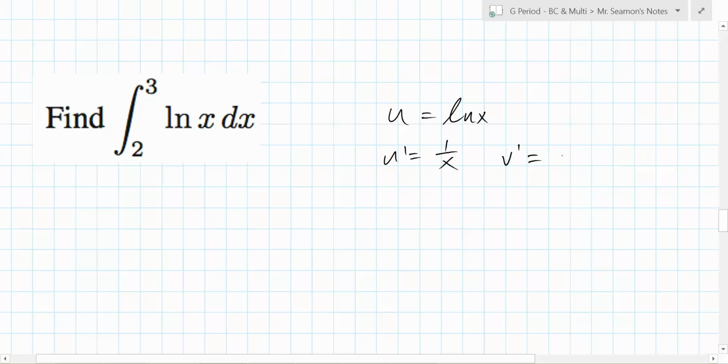And if u is ln x, what's left for me to pick for v prime? 1 what? dx. Just call it 1 dx. So what is v going to be if that's the case? x. You integrate to get to there, and you differentiate to get to there. Are you with me so far?